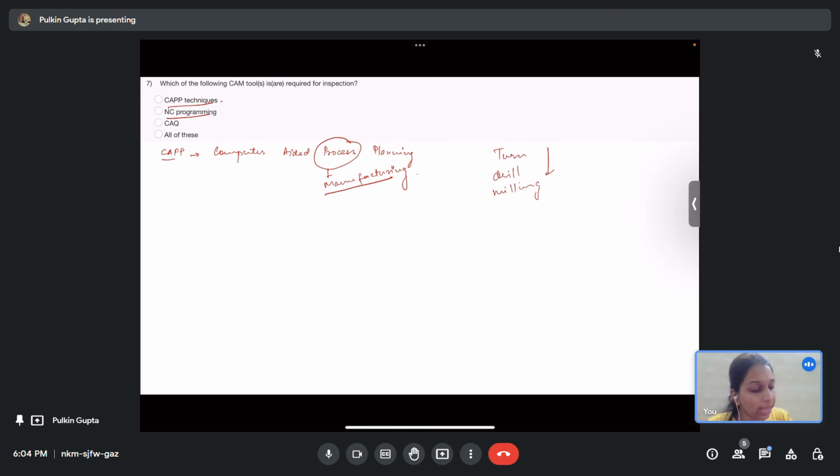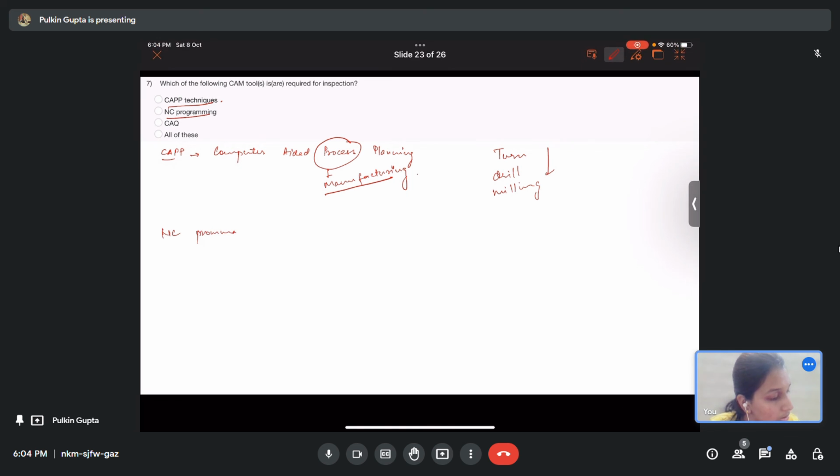Then is your NC programming. NC programming is your numerical control. It is to direct the machine how to move its tool along the tool path.